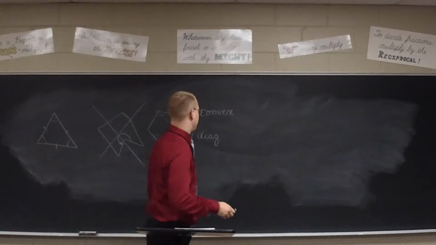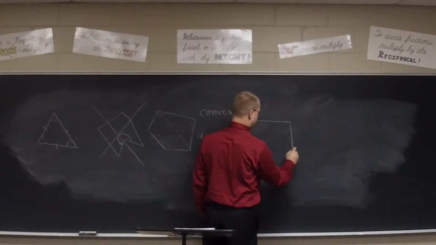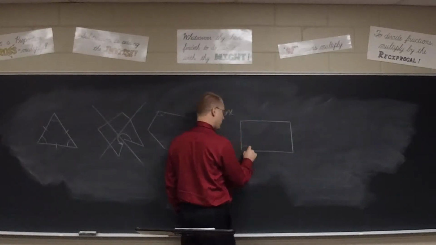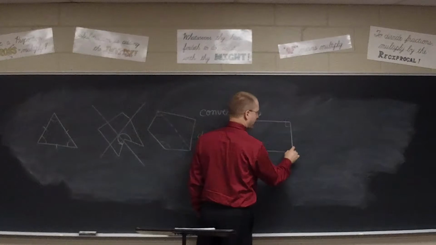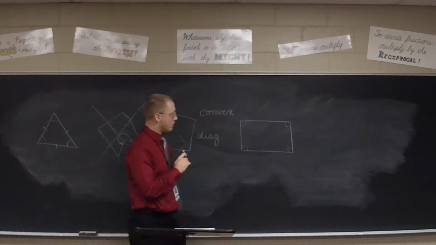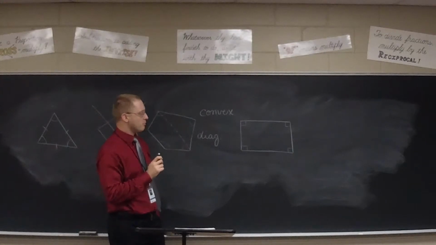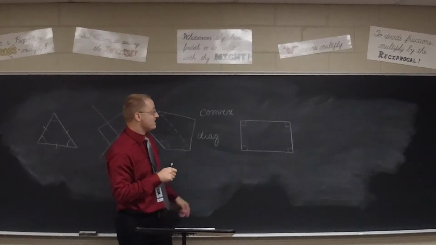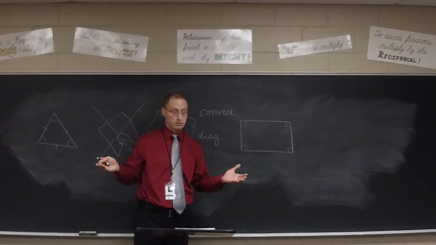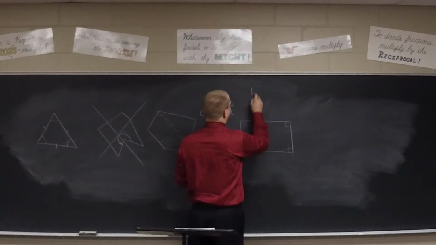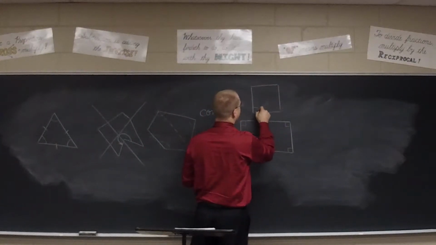What about a rectangle? That's a polygon, correct? Notice all the angles are equal. And they're all right angles, aren't they? Is it equiangular? Is it equilateral? No. Can you think of a four-sided polygon that is equiangular and equilateral? A square, right? All the sides are equal and all the angles are equal.